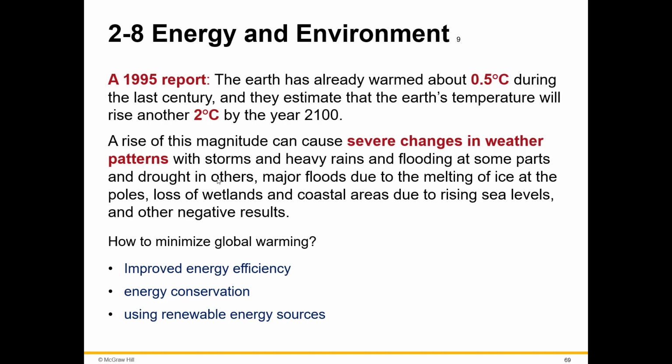It is incredibly fragile in that if the earth warms up 2 degrees Celsius, we're talking huge hurricanes, major floods, no more wetlands. Coastal areas are probably just deserts now.